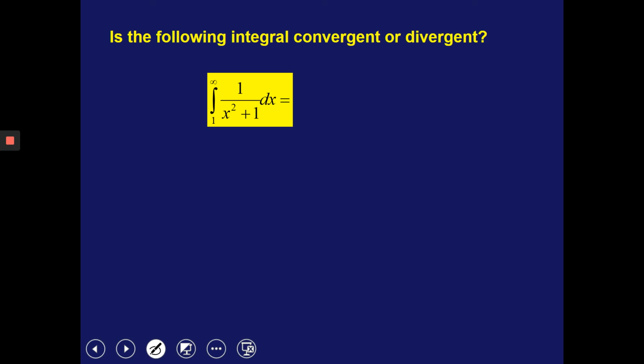This is, the problem is infinity. And take note, they don't ask me to find this integral. They just ask me if it's convergent or divergent. Now I know the integral of 1 over x squared plus 1 is inverse tangent. So I could take the limit as b goes to infinity from 1 to b, 1 over x squared plus 1 dx.